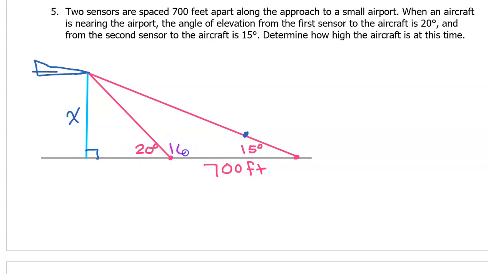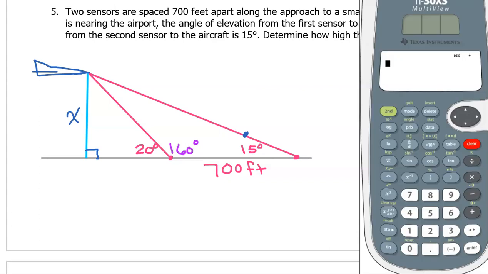That tells me that this must be a 160 degree angle right here. Now I should be able to easily find this angle near the airplane because the sum of the angles in a triangle must add up to 180. So all I have to do is subtract those two angles from 180.